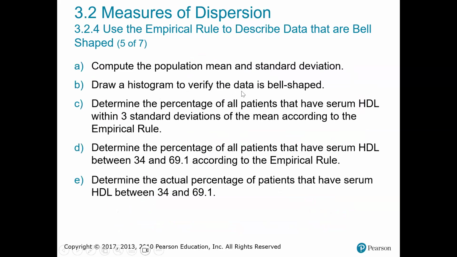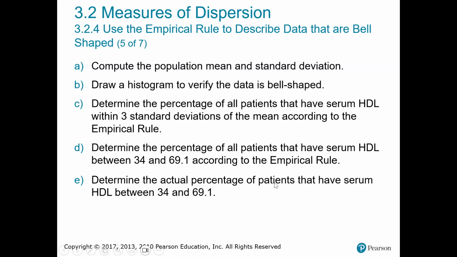Draw a histogram to verify the data is bell-shaped. Determine the percentage of all patients that have serum HDL within 3 standard deviations of the mean according to the empirical rule. Determine the percentage of all patients that have serum HDL between 34 and 69.1 according to the empirical rule.